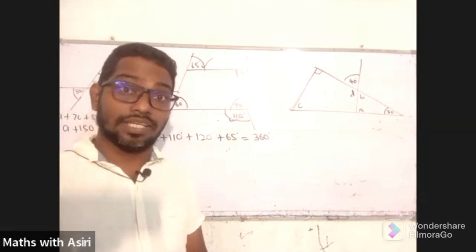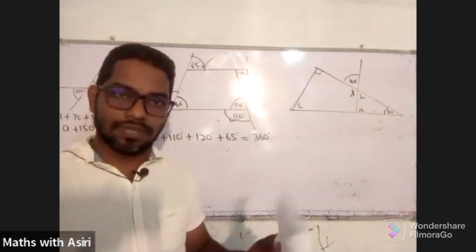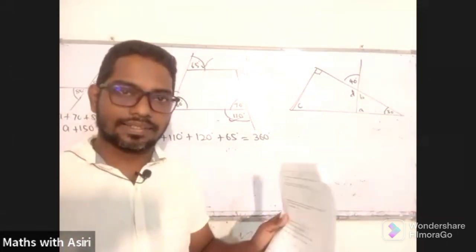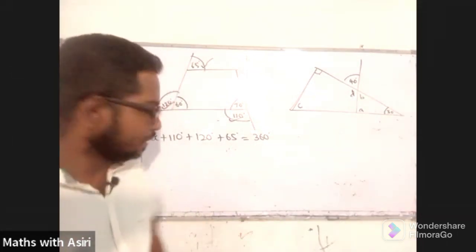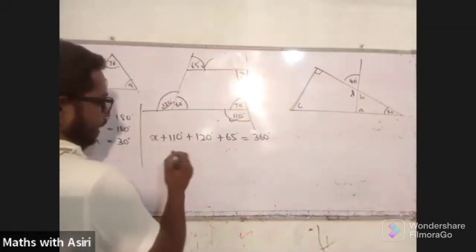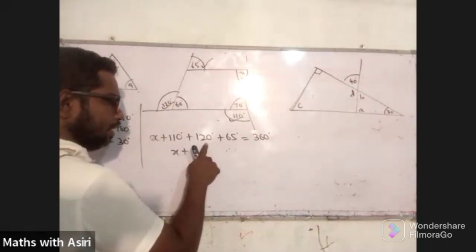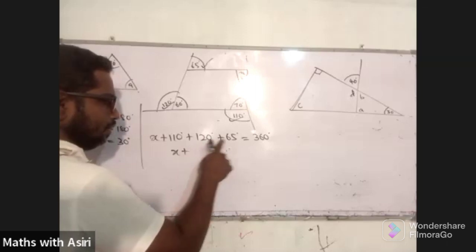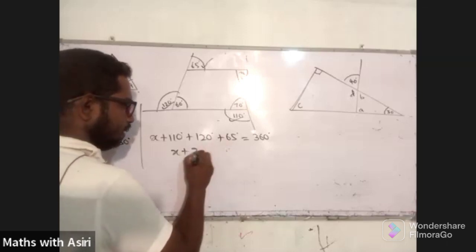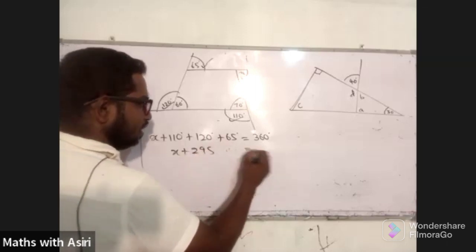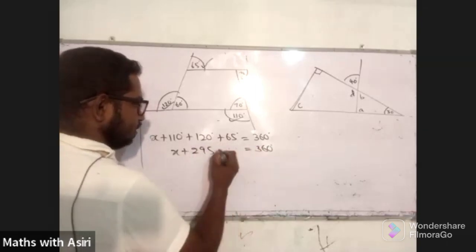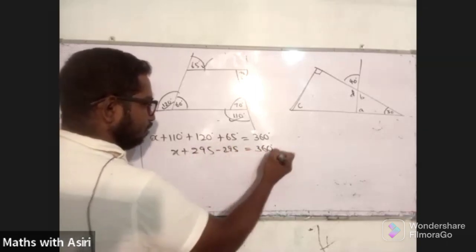Remember that very carefully. It does not depend on the polygon. Then X plus 110 plus 120 is 230, plus 65 is 295, equals 360. Subtract 295 from both sides.